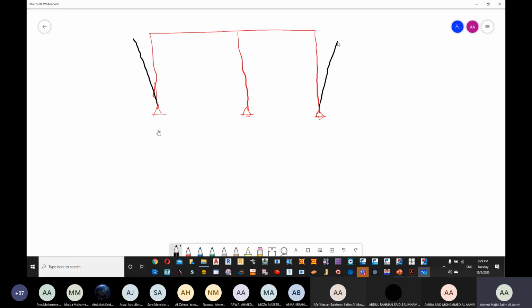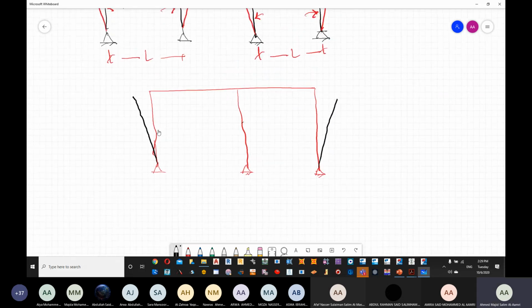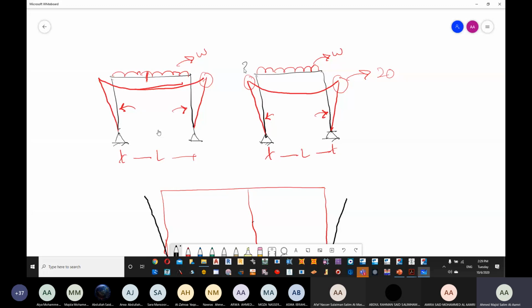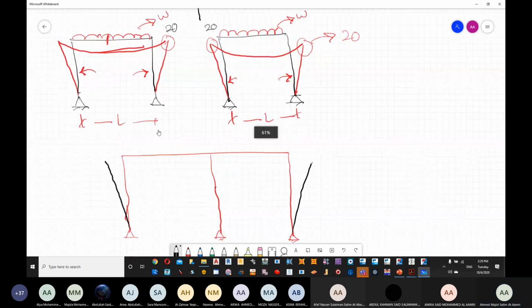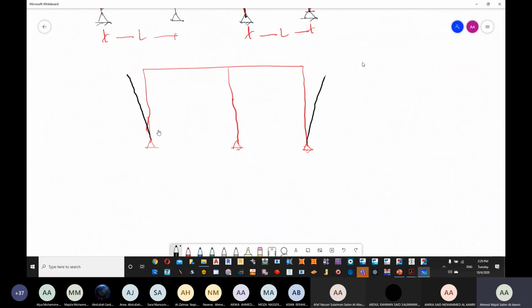Now, what about the middle one? You will see a value of 20 here and a value of 20. This is my column. One value tries to take you right for 20, another value tries to take you left 20. Will you move from your position? It's going to be counteracting, right? So that's why when we try to draw the bending moment diagram, it goes here. This column will not move from its position, and then it will continue like this. Are we clear?